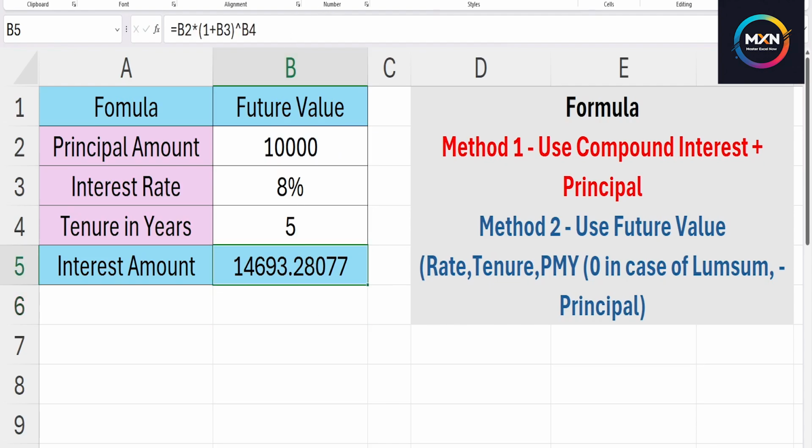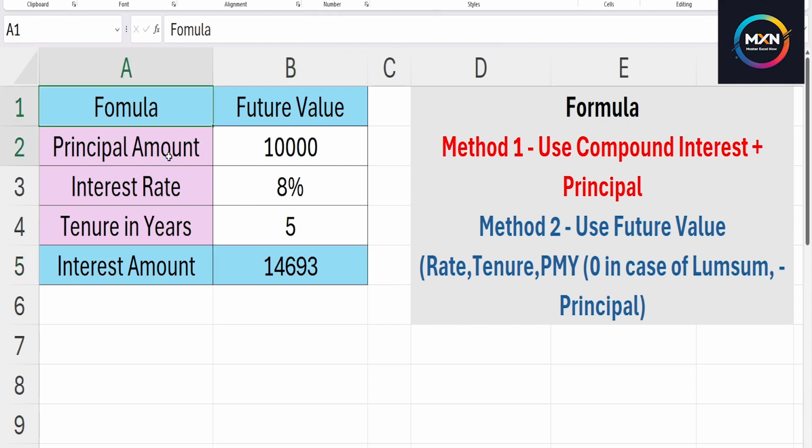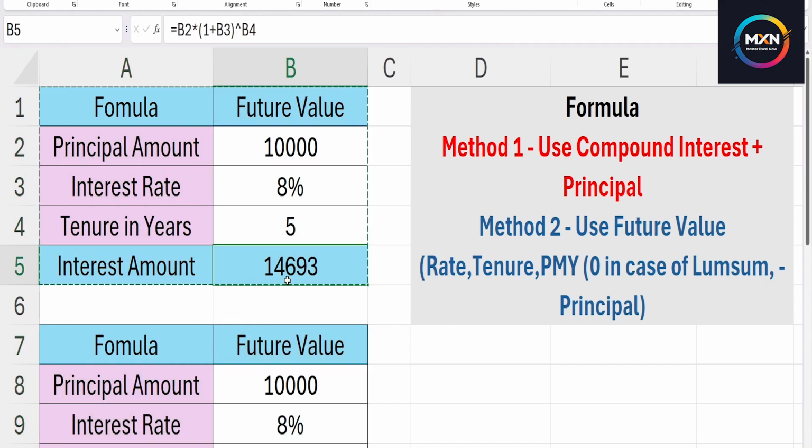So this is the future value of 10,000 at 8% for 5 years. This is the first method of doing it. I'm going to copy this real quickly and let me bring it here. Perfect. So we're going to compare both methods again.